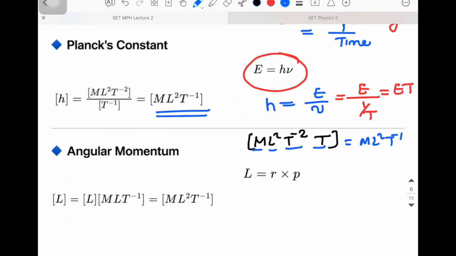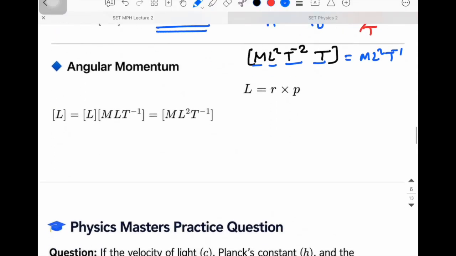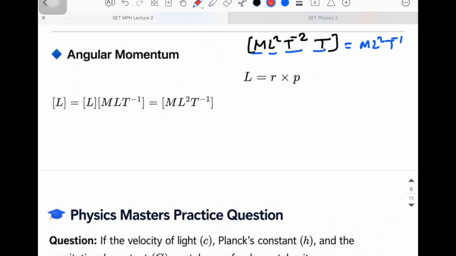That is the dimension of Planck's constant. Dimension of angular momentum: we know that angular momentum is r cross p, where r is the length and p is the linear momentum. So length into linear momentum dimension, we will get M L square T power minus 1.